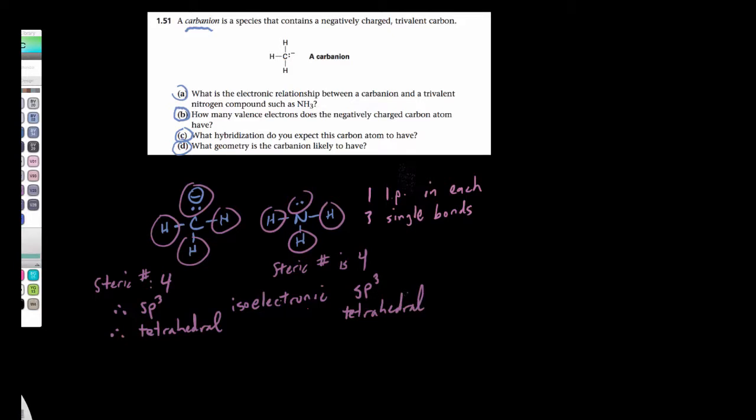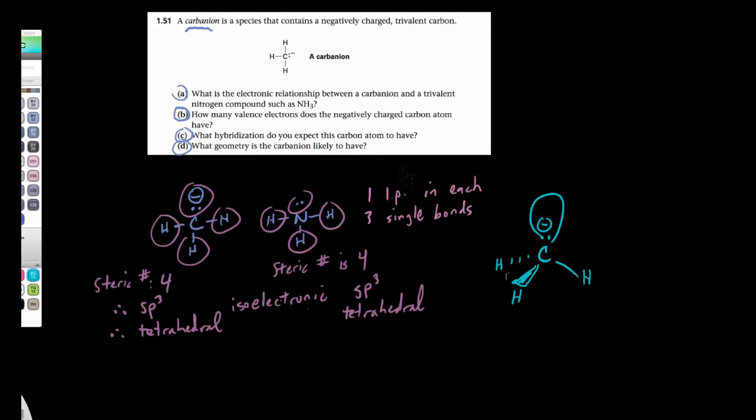And so what does that look like? Well, that means that if we have a carbon atom with a lone pair, the lone pair is in its orbital here, and you can think of that as being sort of the pole here, and that would mean that one of these hydrogens is sticking out. We'll have, let's say, another hydrogen going back and another hydrogen in the plane of the board.